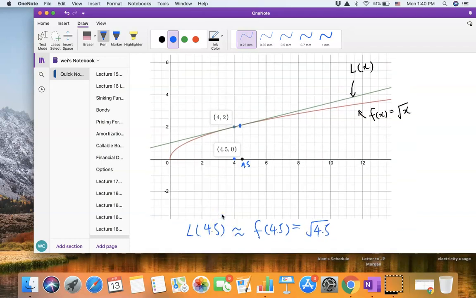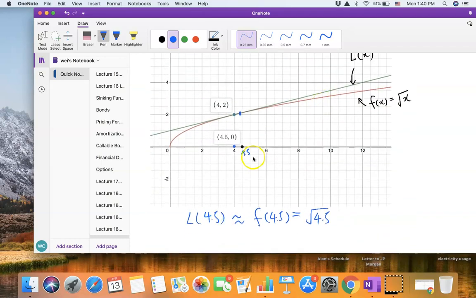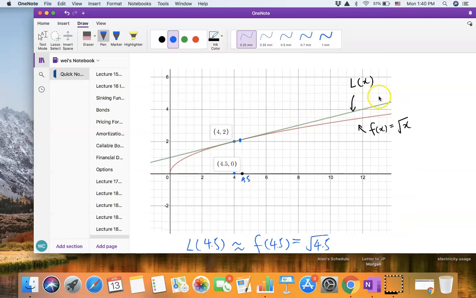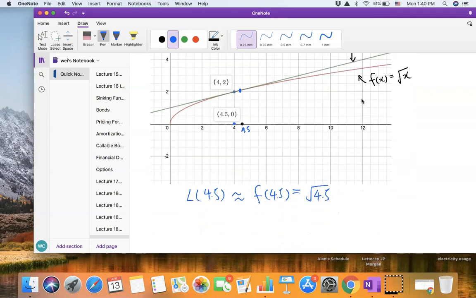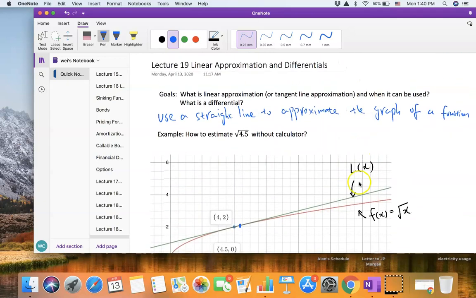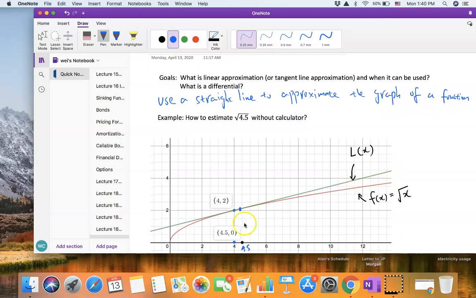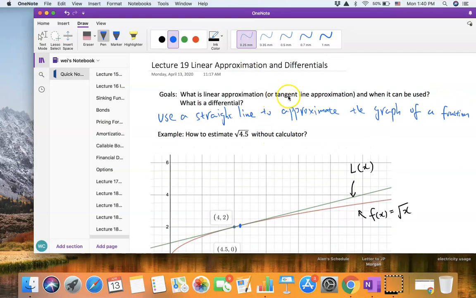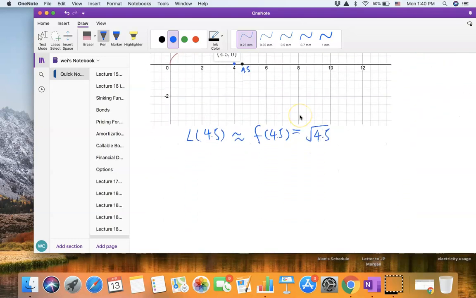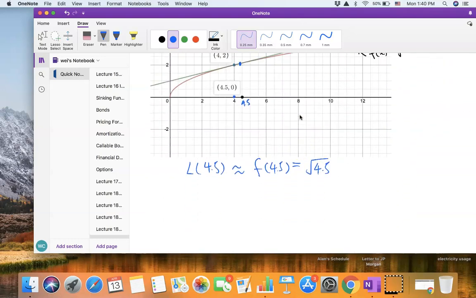Okay. So now the question is how can I know the equation of this straight line? Because L(x) is a tangent line at the point (4, 2), that's why this method is also called tangent line approximation. So let's recall from chapter 1 how we found the equation of a tangent line.